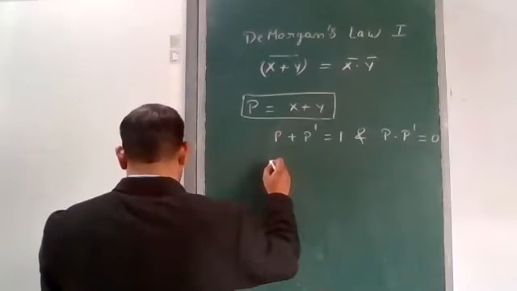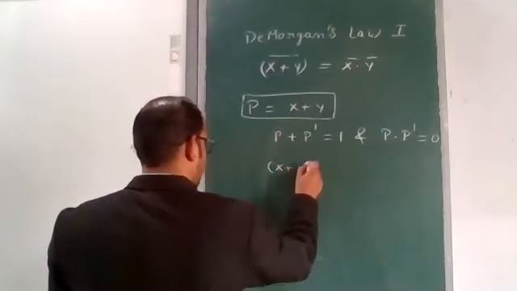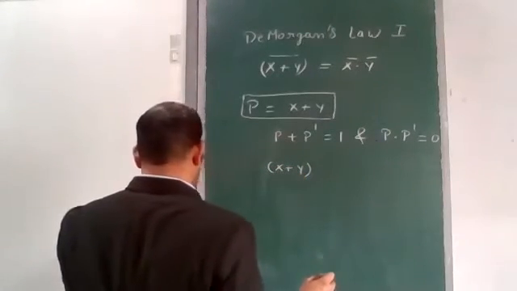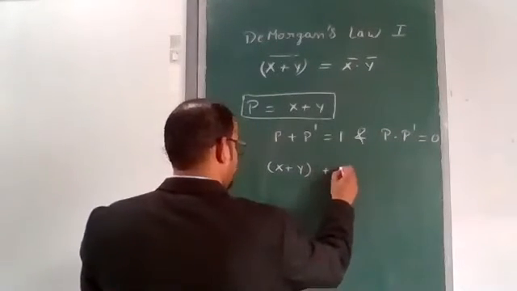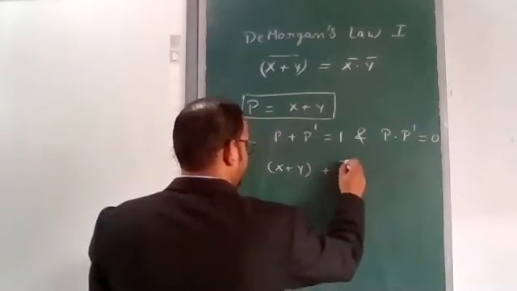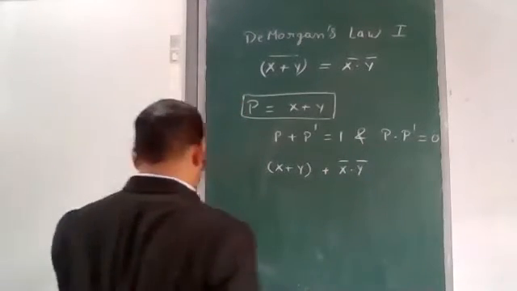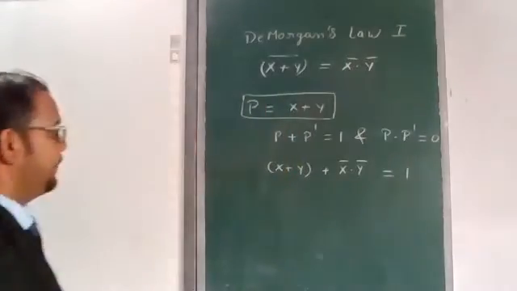Value of p is x plus y, and p complement is x complement dot y complement, and we have to prove that p plus p complement is equal to 1.